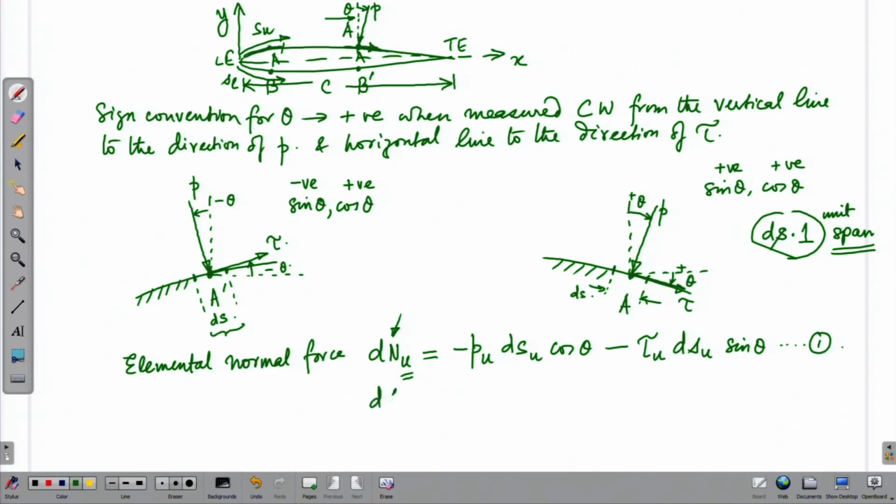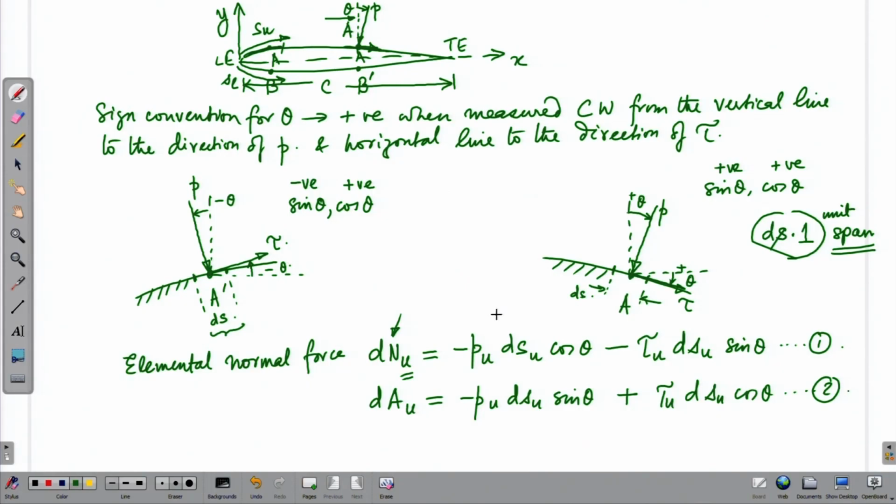Similarly, let us write an equation for the axial force which is acting on the elemental area. Let us call this equation number 2. Now, coming to the signs of the different terms which we find over here.